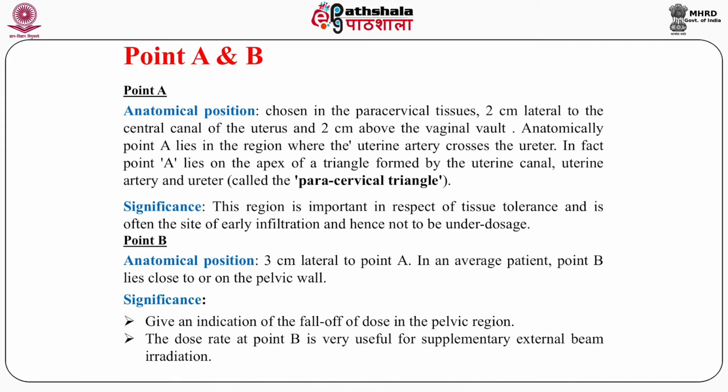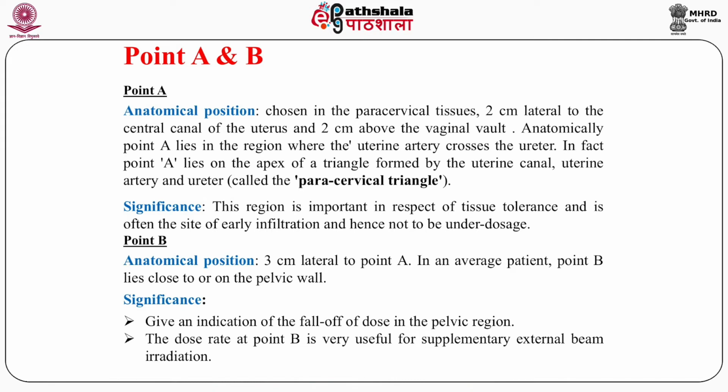The position of point A is chosen in the paracervical region, anatomically in the paracervical tissues, 2 centimeter lateral to the central canal of the uterus and 2 centimeter above the vaginal vault.